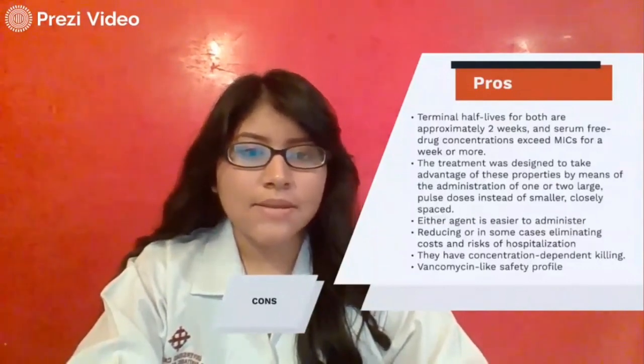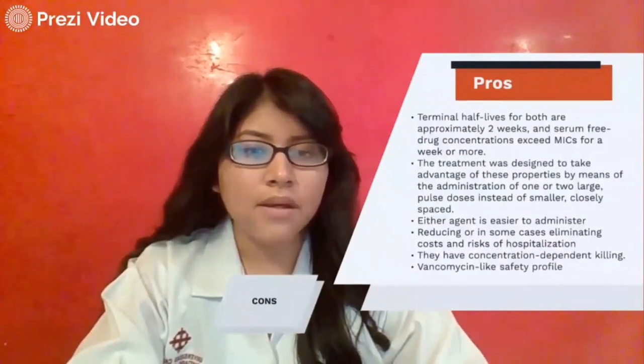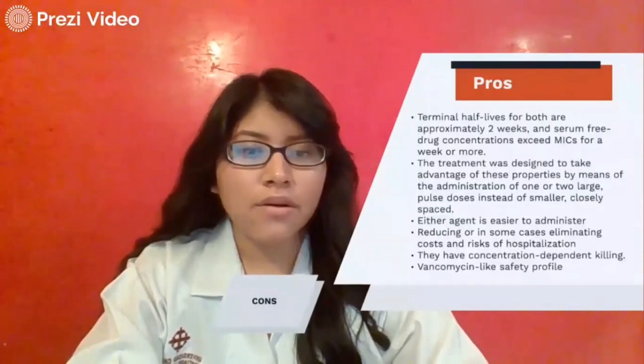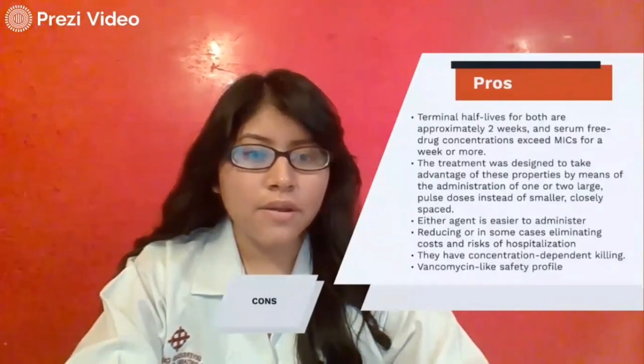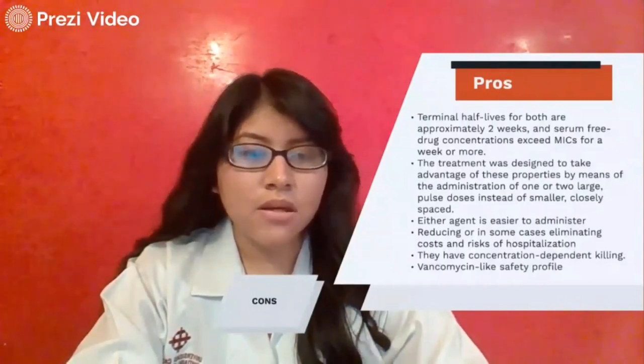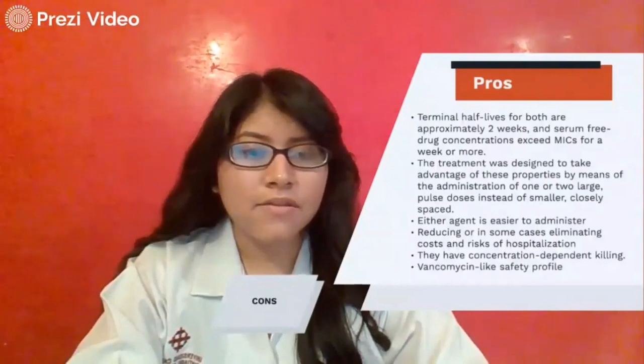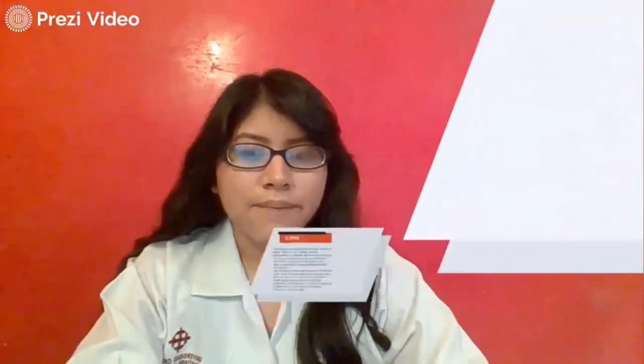The treatment was designed to take advantage of this property by means of the administration of one or two large doses instead of smaller, closely spaced ones. It is easier to administer, reducing or in some cases eliminating the costs and risks of hospitalizations. They have concentration-dependent killing and vancomycin-like safety.